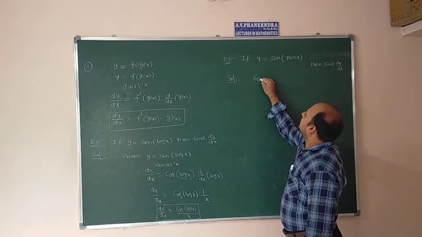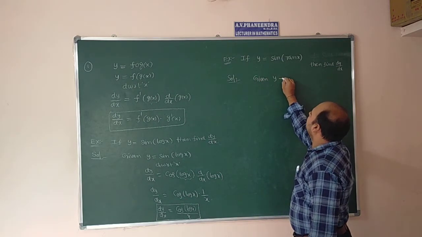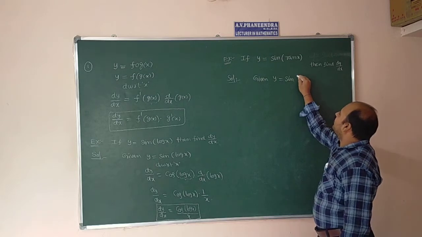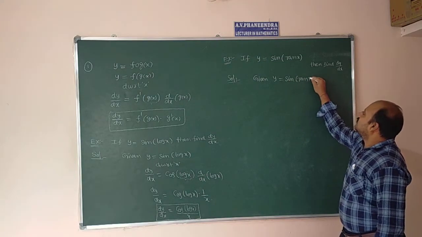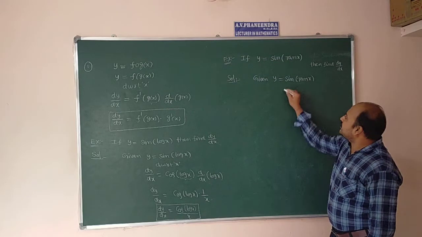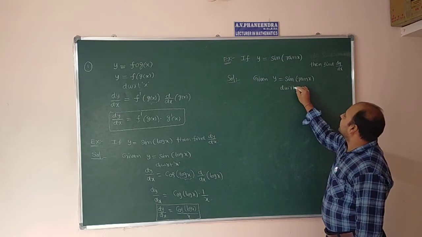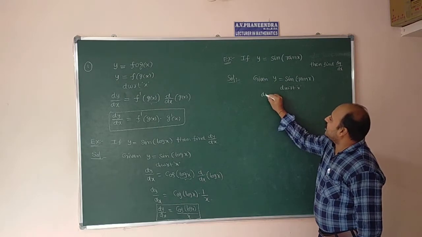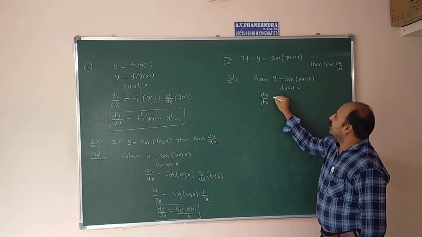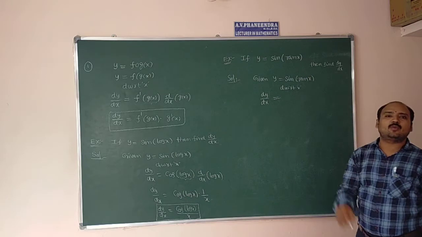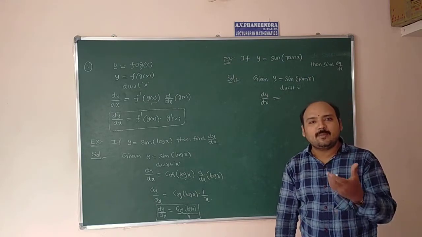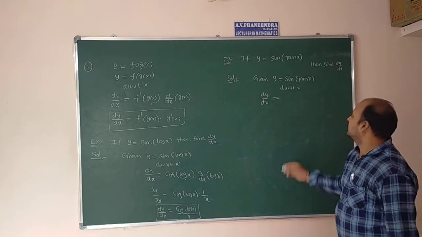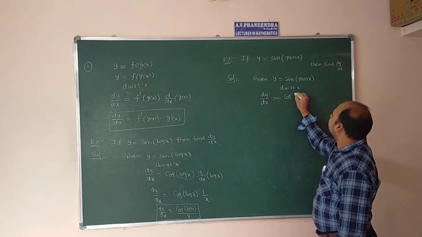First, given y is equal to sine of tan x. Differentiate with respect to x. dy by dx is equal to sin x derivative, d by dx of sin x. d by dx of sin x is cos x. So cos, in place of x, what value is there?